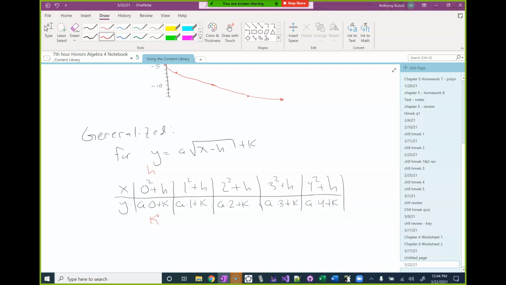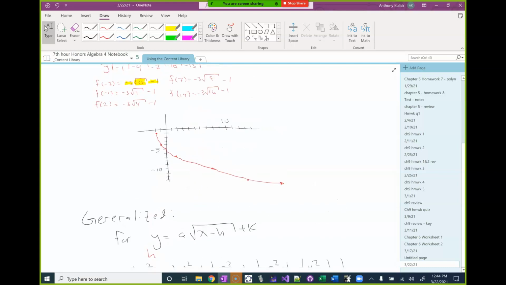All right. So far, so good? We still should talk about domain and range here, though. So the domain is going to look like one of two things, right? It's going to either start at our h comma k point and continue to the right forever, or it's going to start from the left and stop at that h comma k point. Everybody agree with that?